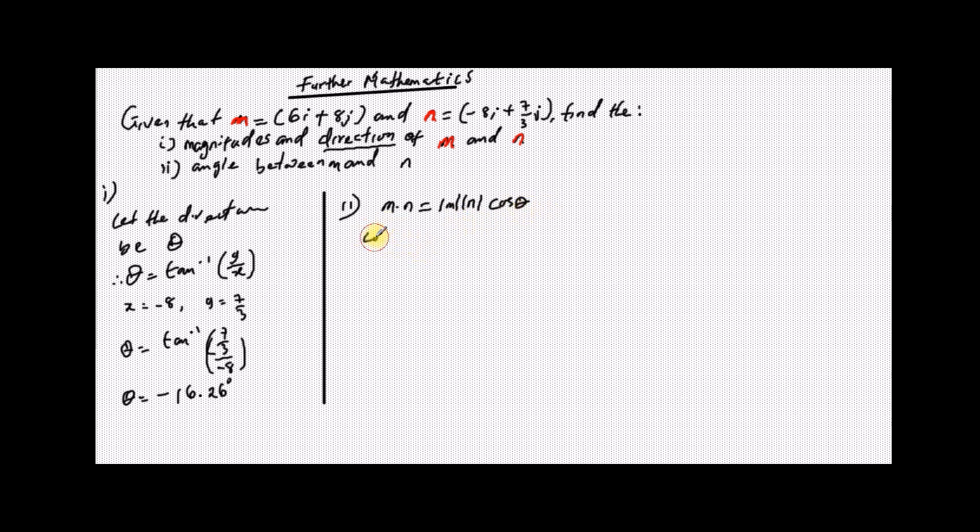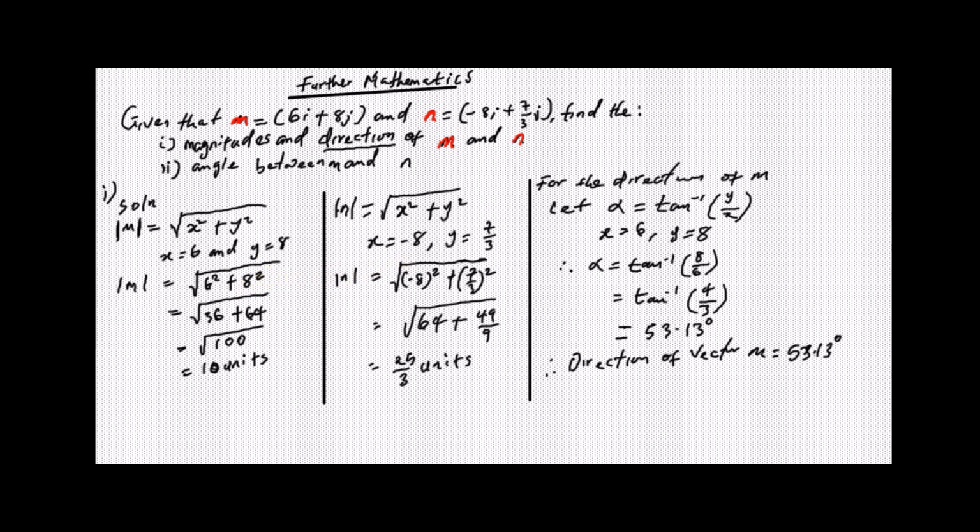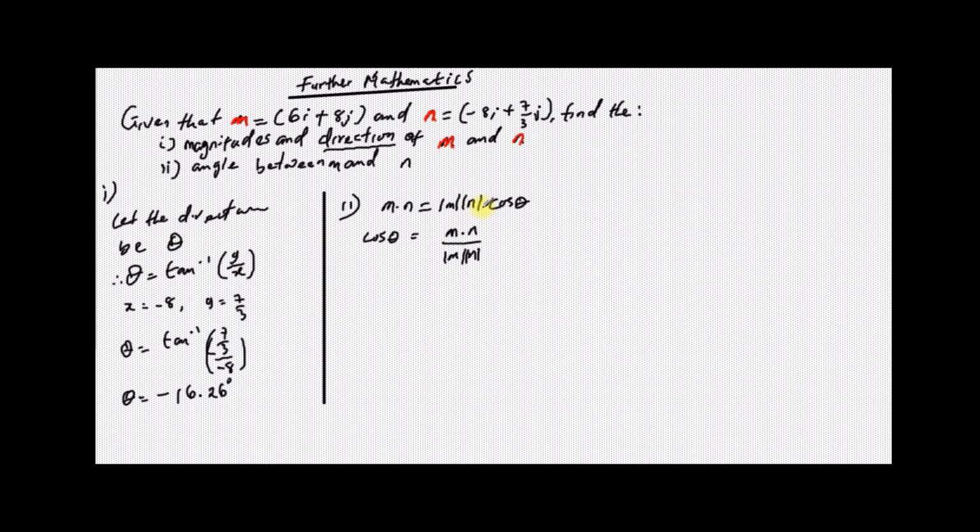To make cos theta the subject, we have m dot n over magnitude of m and magnitude of n. All we need now is the dot product, because in question 1, you already know the magnitudes of vector m and vector n. So we find the dot product, put in the magnitudes, then we simplify.